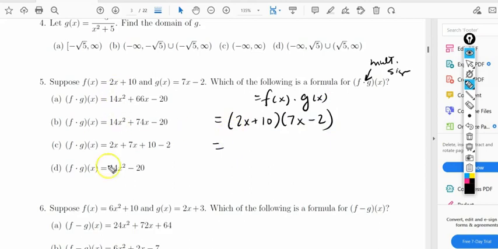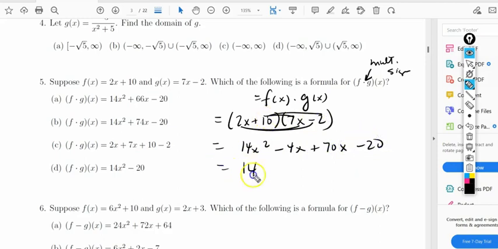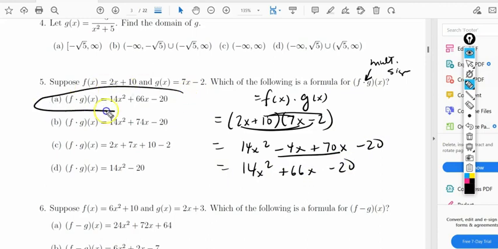And so none of these are like this, so you're going to have to FOIL it. And those will give you plus 66x and then minus 20. So the answer to 5 is A.